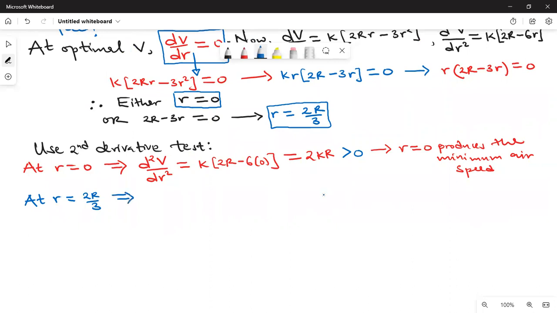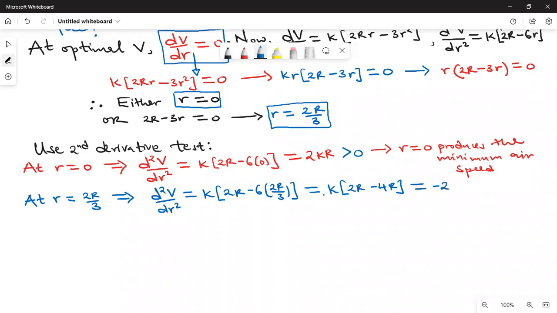What will be our second derivative? d squared v with respect to r twice is equal to, replacing the small r, k into 2R minus 6 times 2R over 3, which is simply equal to k into 2R minus 4R. And this is equal to negative 2kR.